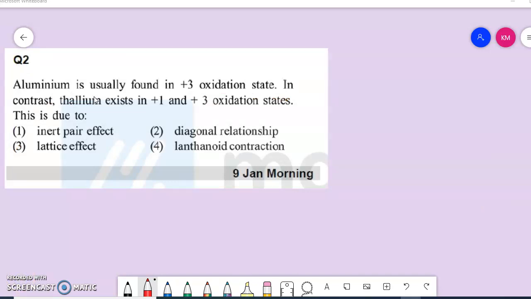Aluminium is usually found in +3 oxidation state. In contrast, thallium exists in +1 and +3 oxidation states. This is due to, as you know, aluminium belongs to group 13. Group 13 elements are boron, aluminium, gallium, indium, thallium.